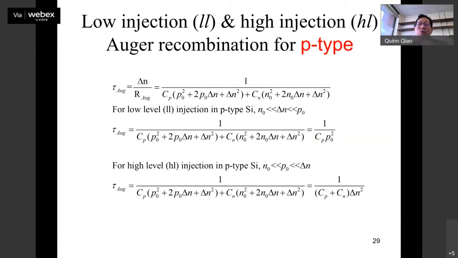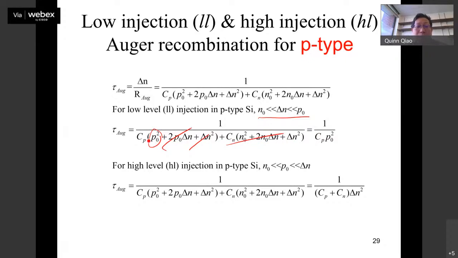And then similarly, you can do the same for Auger. For Auger, you also need to figure out p0, delta n, and n0. If you know the relationship, you can get rid of terms because n0 and p0 are the maximum and everything else is so small. This term stays and that one is gone, and these are all small, so they're gone.